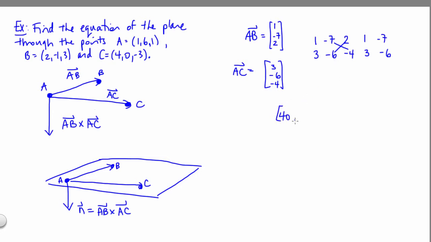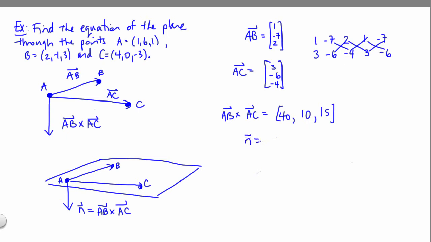So first component of our cross product is 40. Then we go 6 minus -4 gives us positive 10. And -6 minus -21 gives us 15. So that is our cross product. Let's call that AB cross AC.